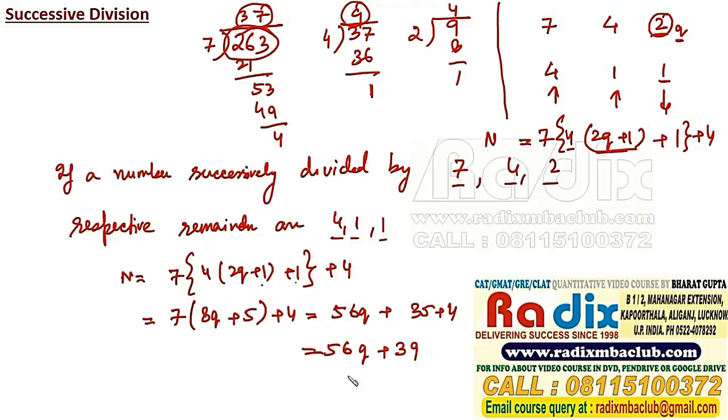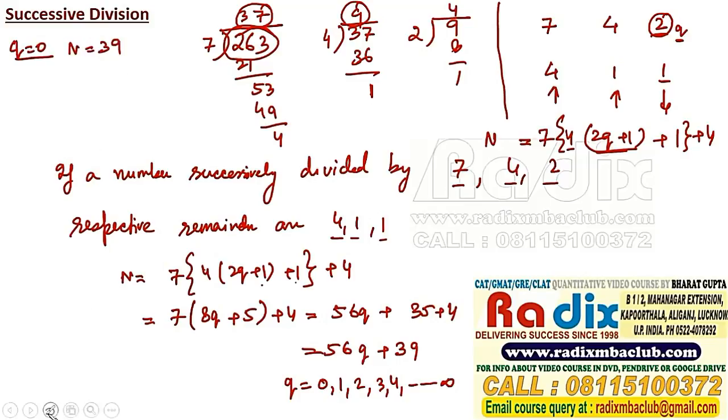Now in this case, the value of q could be 0, 1, 2, 3, 4 and so on up to infinity. There are shortcuts also to calculate this number, but now if we take 0 as q, our number n would be 39.